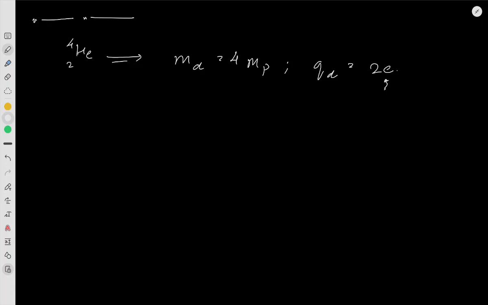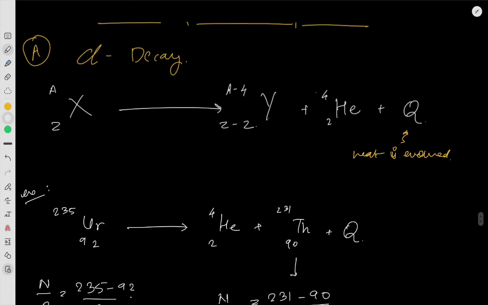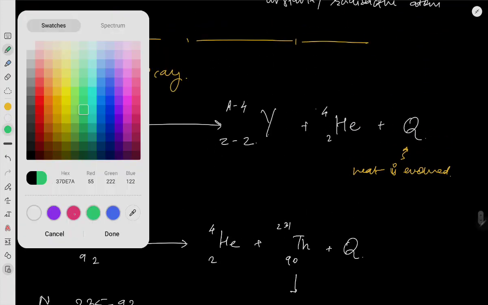And now let us understand what this Q is in this equation.